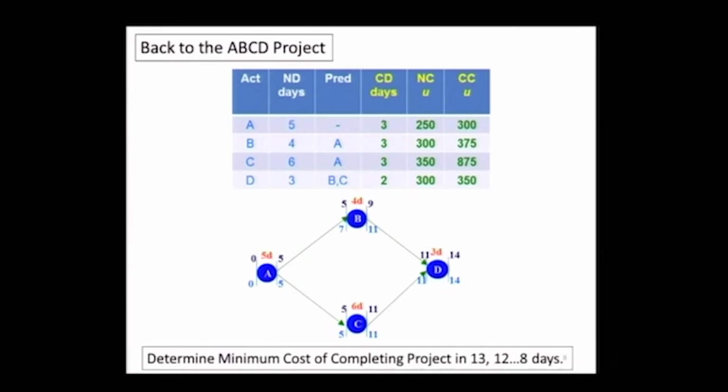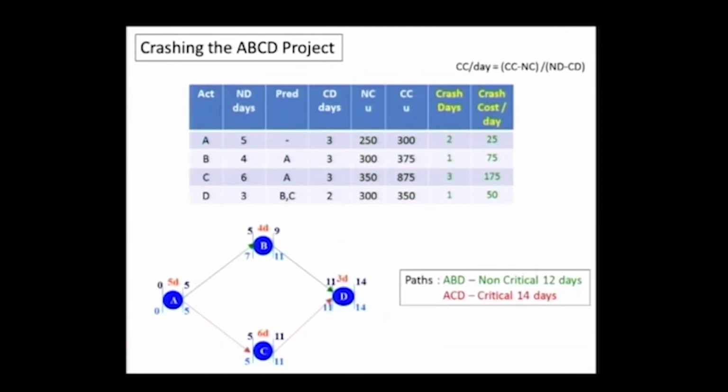If I go to the next level, I have actually calculated the crash days using the values we had earlier. Crash days is the normal duration minus the crash duration, that is, how many days I can crash by.